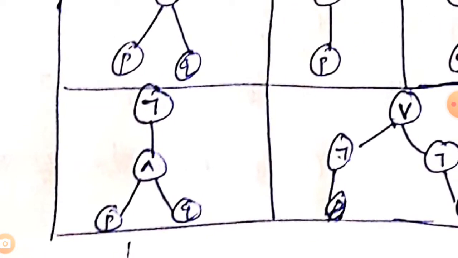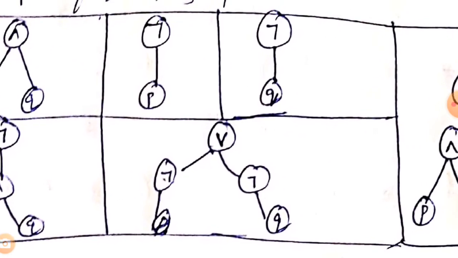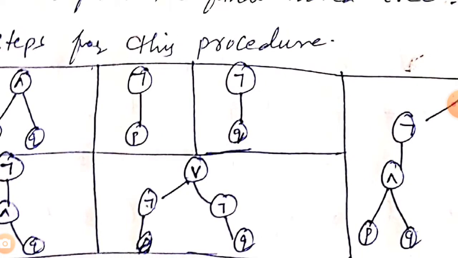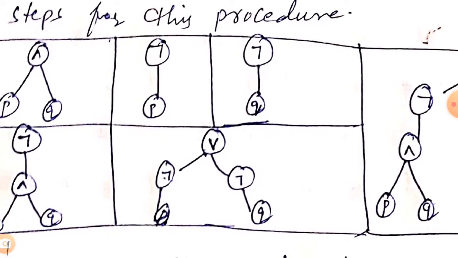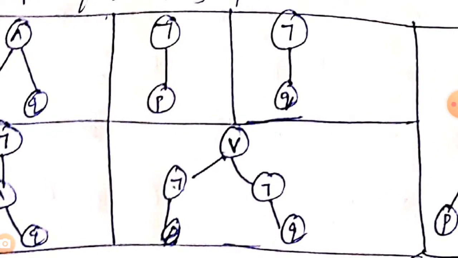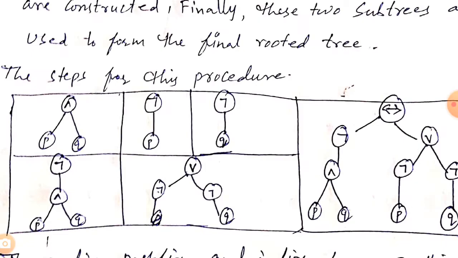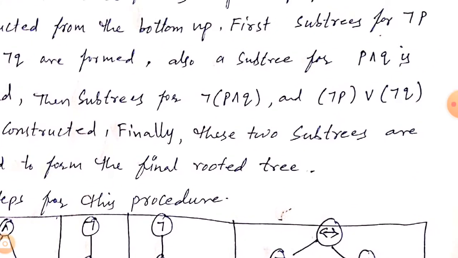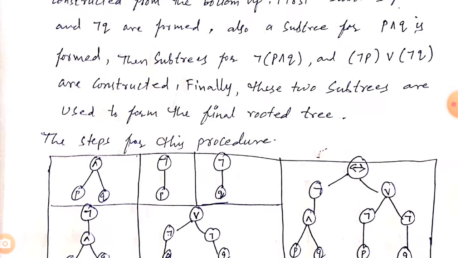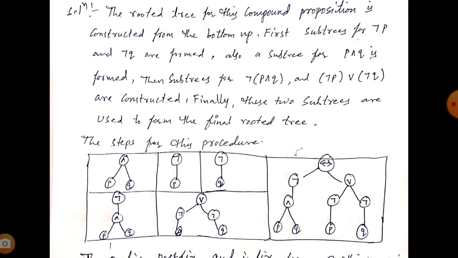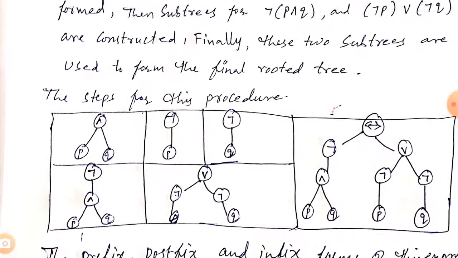So negation of P and Q. And here, negation P, negation Q is there. For that one, or is the root here. So negation P or negation Q, like that you have to represent here. This is the major thing you have to observe here.